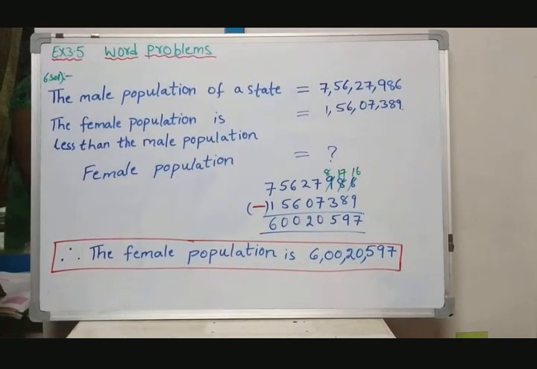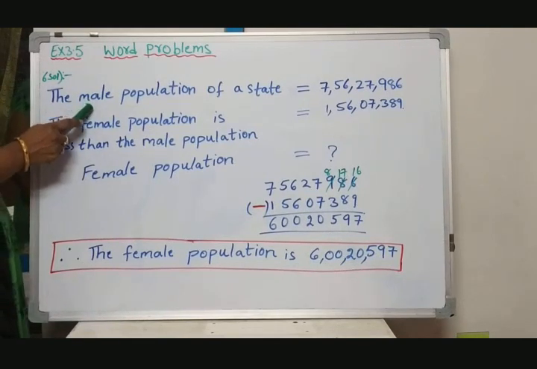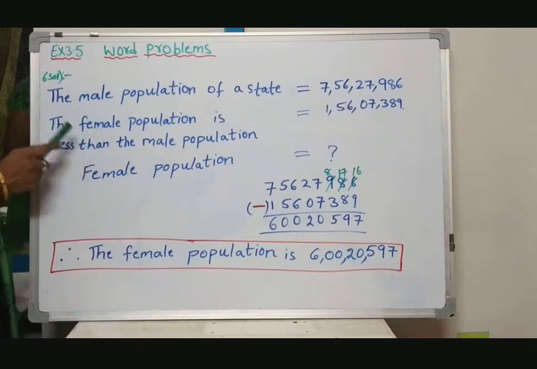Here the female population is not given directly, it is given indirectly, saying that it is 1,56,07,389 less than the male population. So the keyword here is less than.